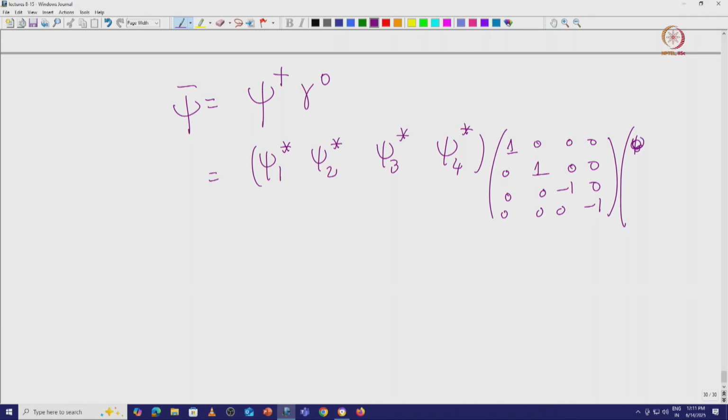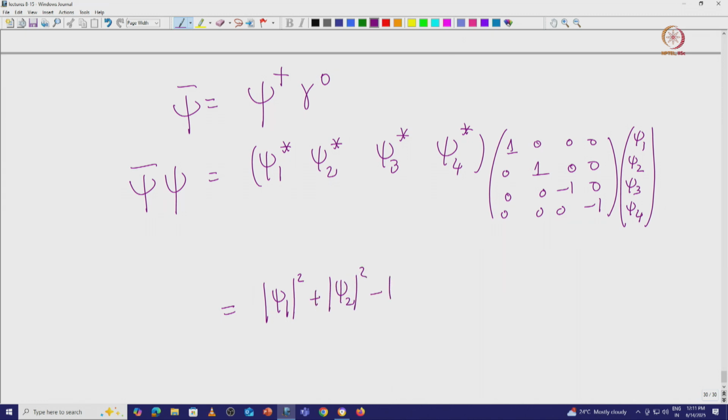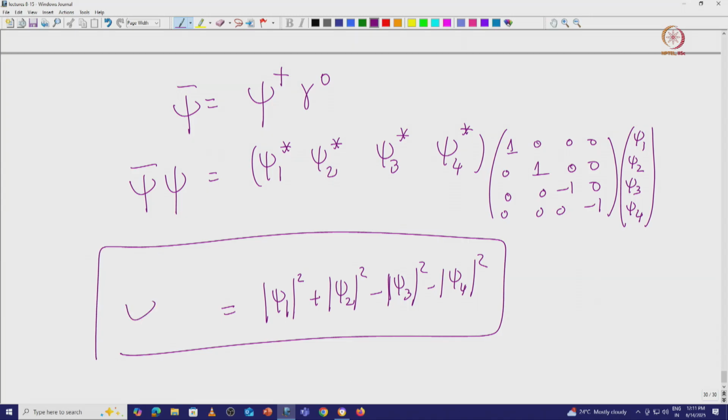So if you want, we can calculate psi bar psi, which is equal to mod psi 1 square plus mod psi 2 square plus mod psi 3 square minus mod psi 4 square, and this is a Lorentz invariant quantity.